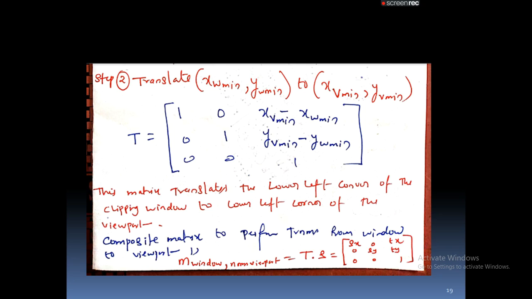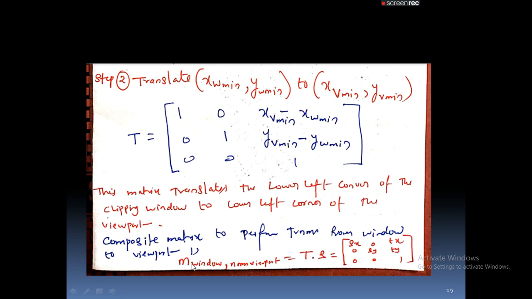Then I need to determine the composite matrix, because I am performing two operations here. First operation scaling, second operation translation. Please see this composite matrix I have written, M window to normalization viewport mapping.